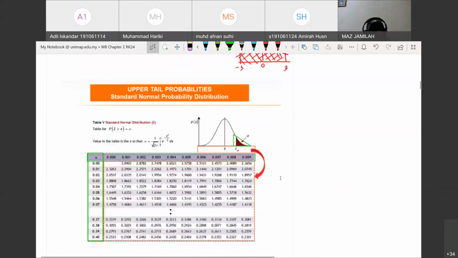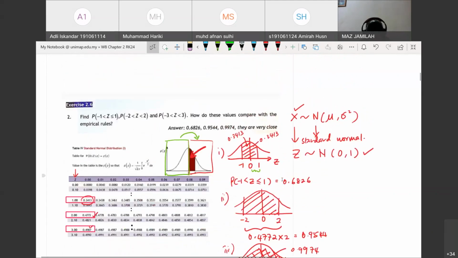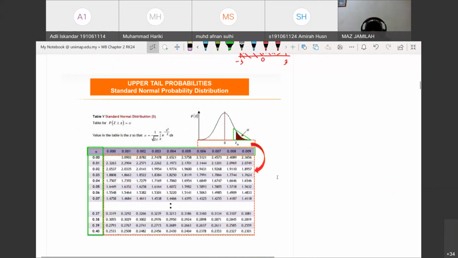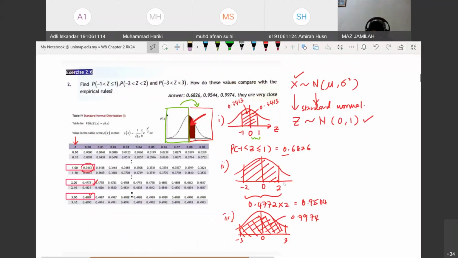So if we reflect this with the empirical rule, we are talking about exactly the probability that we discussed just now, such as this one standard deviation, this two standard deviations, and this three standard deviations.